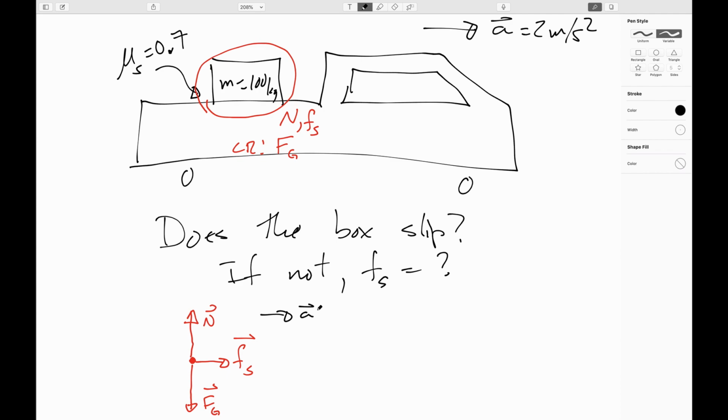So even though the crate is moving forward, it would eventually not be going forward as fast as the truck, which means that relative to the truck bed surface, the crate would be moving backwards. So we would need friction to push it forward to keep that slipping from happening.